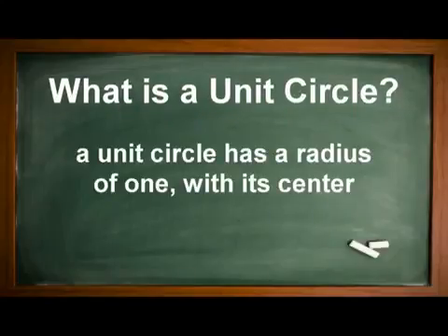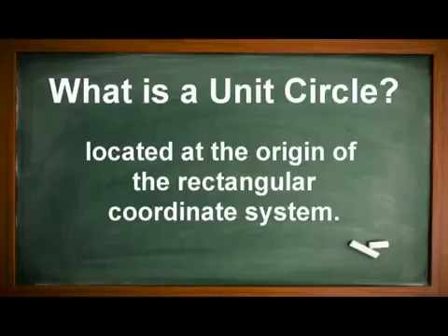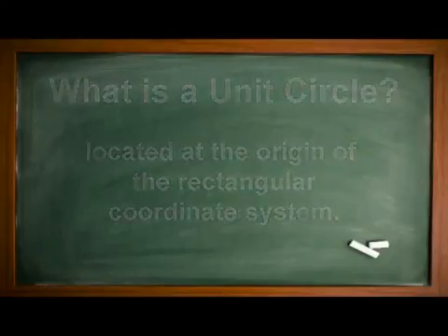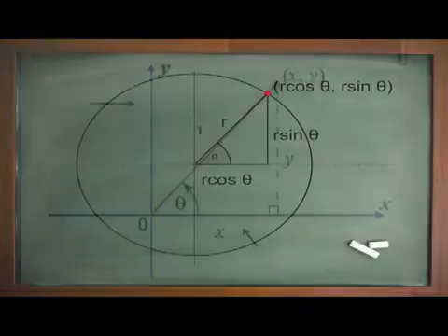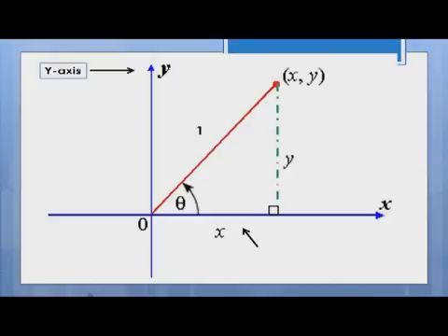A unit circle has a radius of 1 with its center located at the origin of the rectangular coordinate system. This is how a unit circle looks like. The vertical line is the y-axis and the horizontal line is the x-axis.